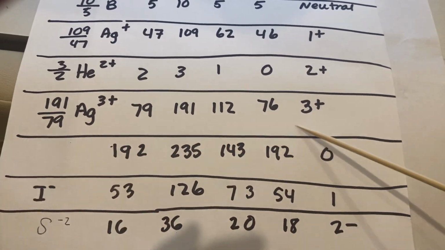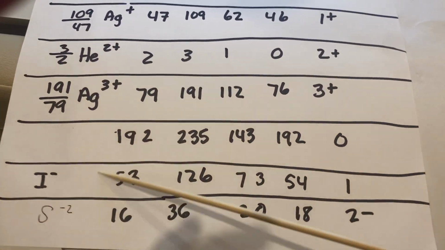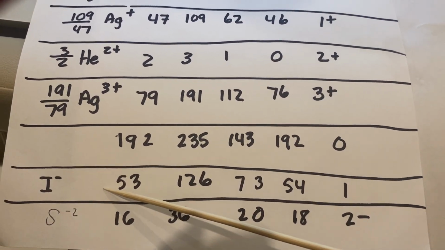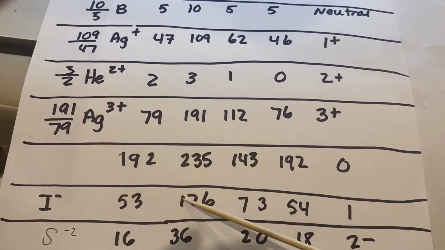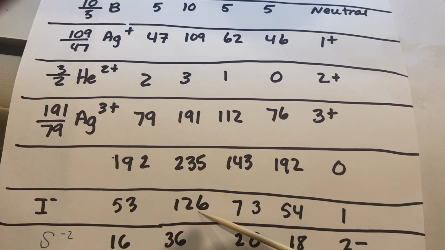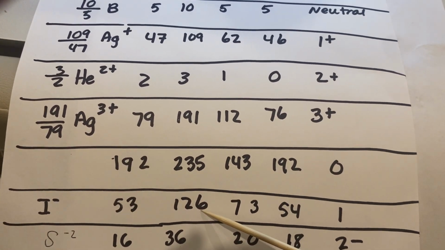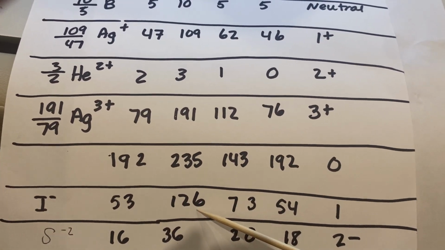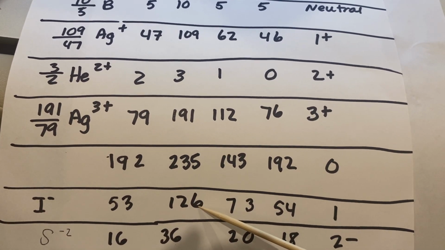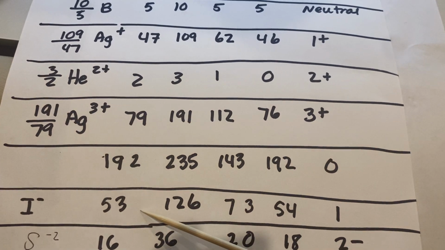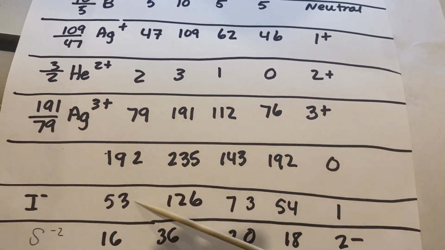So this one here, I kind of skipped. Iodine, the one of iodine, you had to figure this out. So first of all, iodine, we looked in here, the number it gave is 126. We looked up iodine and found out that iodine has 53 protons.